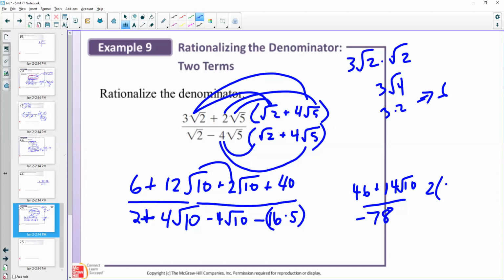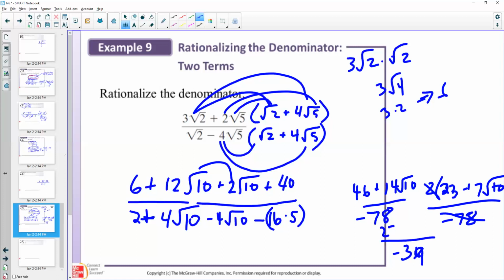That would be 23 plus 7 radical 10 over negative 78. Negative 78 divided by 2 is negative 39. And on the top, it's 23 minus 7 radical 10. That's it. That's how it goes.